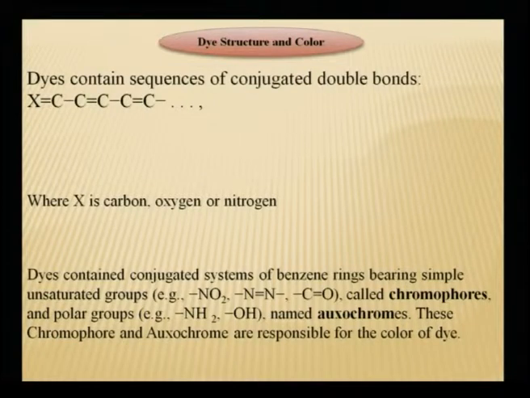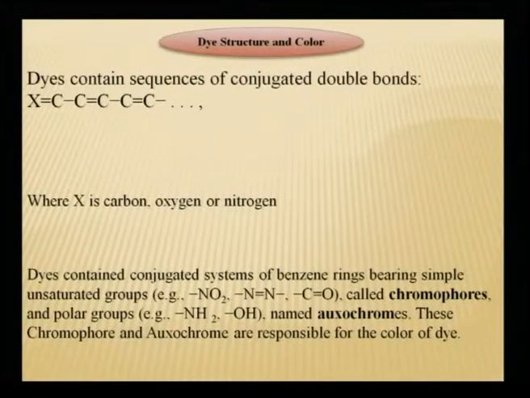We have already learnt all this. This is just a recapitulation, so that we can connect the dots and understand it in a much better manner. And the polar groups like NH2 or OH groups not only help in the chelation of the metal atom, but are also called auxochromes because they enhance the activity of the chromophore. These chromophores and auxochromes are responsible for the color of the dye.